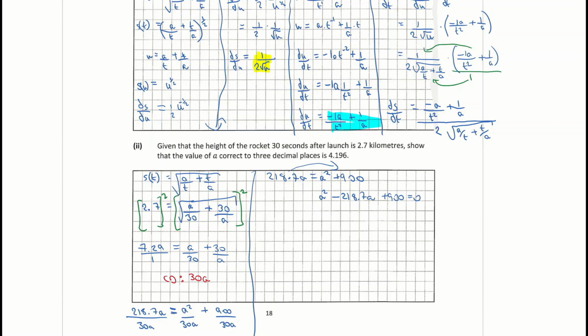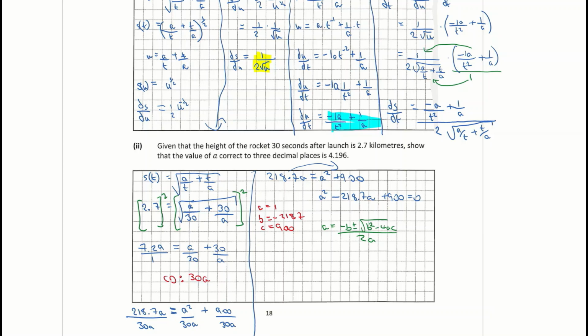I'm asked now to solve for a, so I'm going to use my minus b formula. So the value of my a is 1, my b is minus 218.7, and my c is 900. And my minus b formula is going to solve for a, so a is equal to minus b plus or minus the square root of b squared minus 4ac all over 2a. Now just watch here, this a isn't 1, that's like the formula in the log tables, it's x is equal to, but I'm not finding x, I'm solving for a this time.